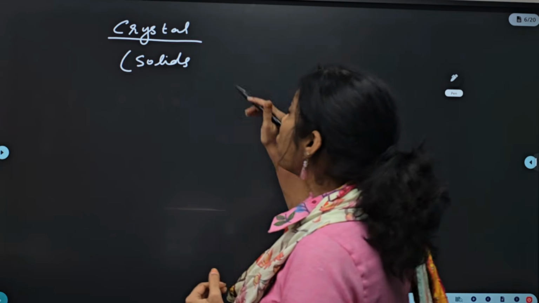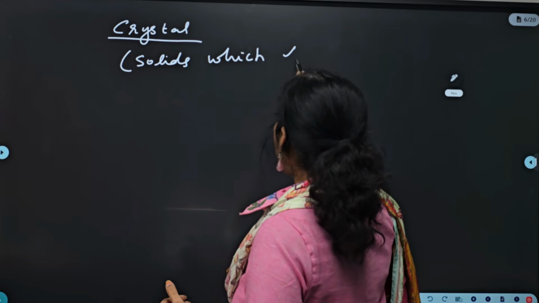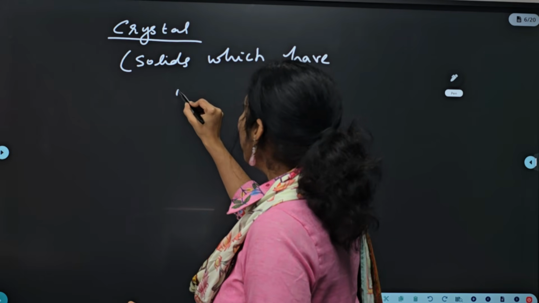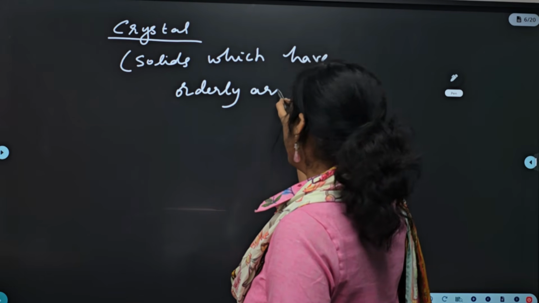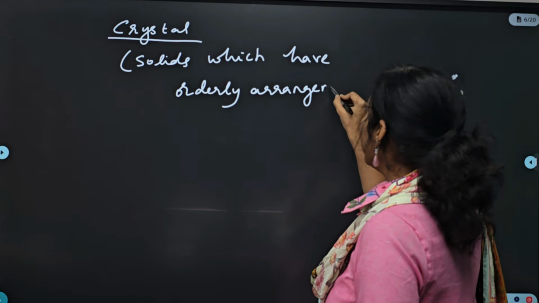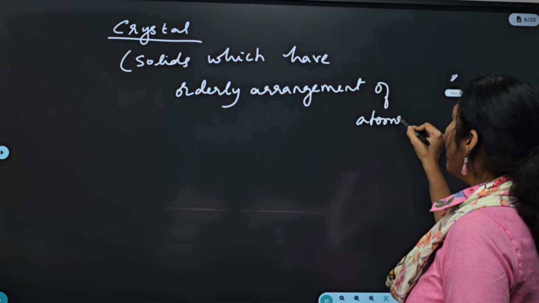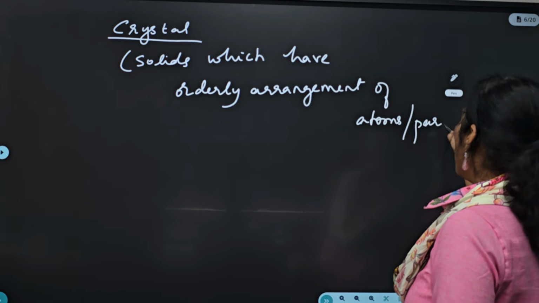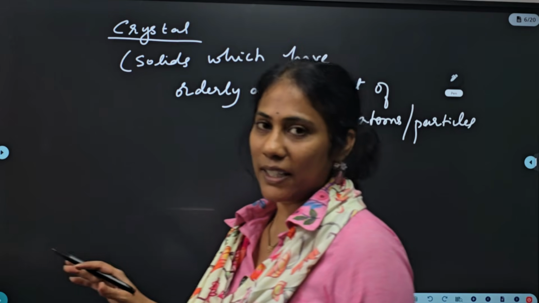So the solids which have an orderly arrangement, very, very important guys, an orderly arrangement of atoms or particles. Here particles can be atoms, molecules, ions or whatever it is.